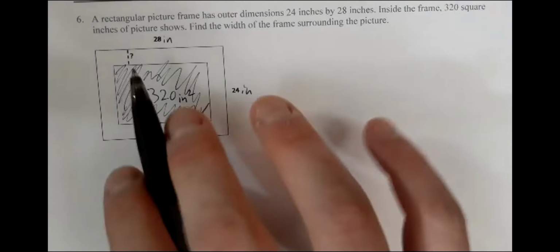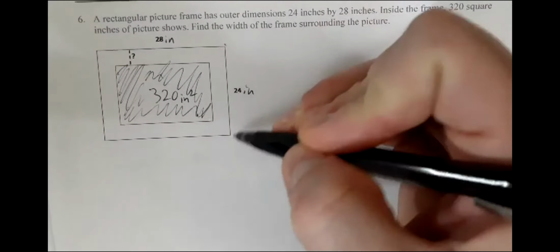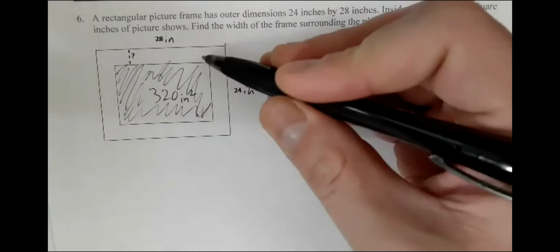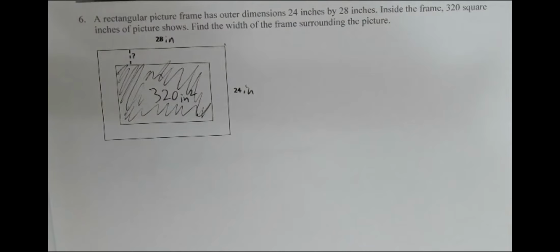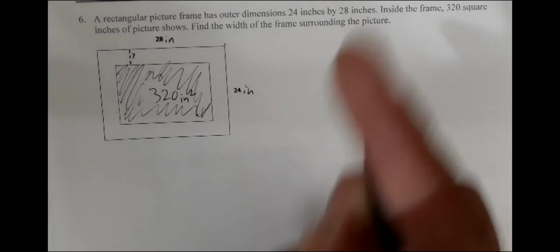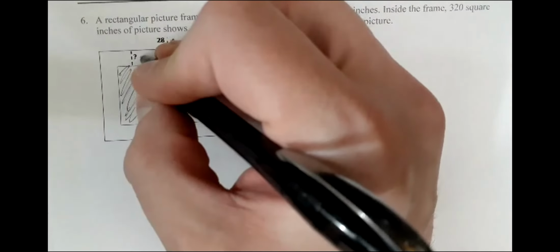So if we want to find what this dimension is, I'm looking along here, I see this whole thing is 24, and I see that I have a width of the frame right here. So the width of the frame is the thing that I actually want to find. That's the thing they're asking for. It's the thing I don't know. So I could let this be x.